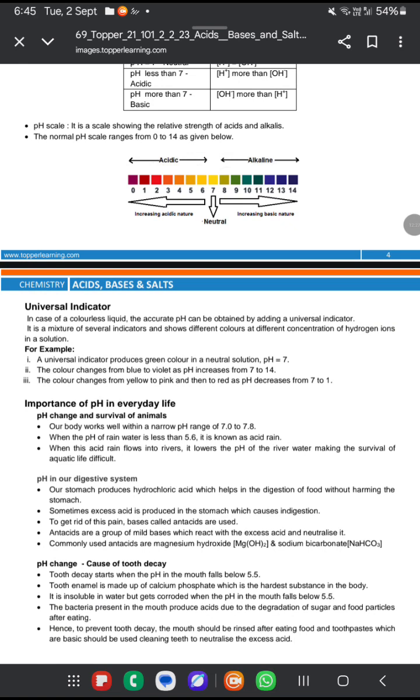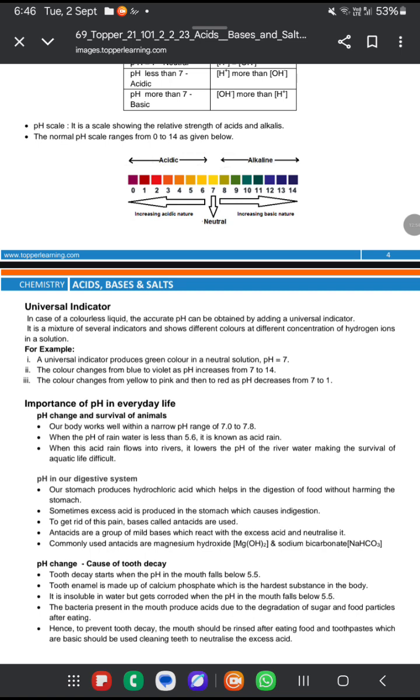Universal indicator. In case of a colorless liquid, the accurate pH can be obtained by adding a universal indicator. It is a mixture of several indicators and shows different colors at different concentrations of hydrogen ions in a solution.